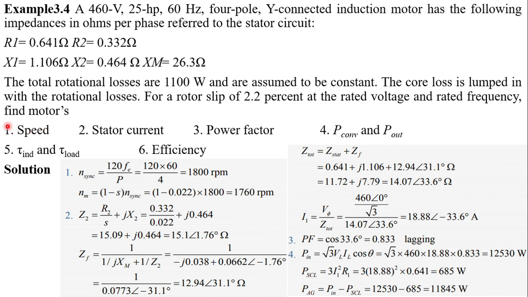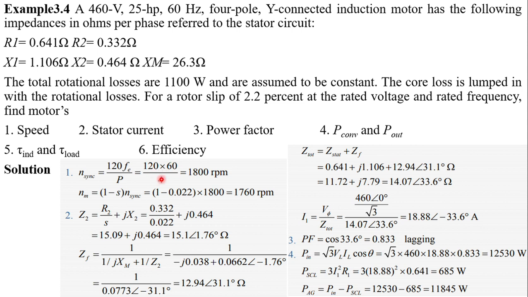This speed is the motor speed. Before determining the motor speed, we have to calculate the synchronous speed. Synchronous speed is equal to 120 times supply frequency over P, which is 120 times 60 over 4.